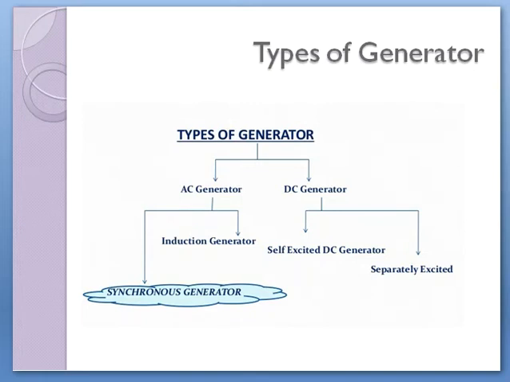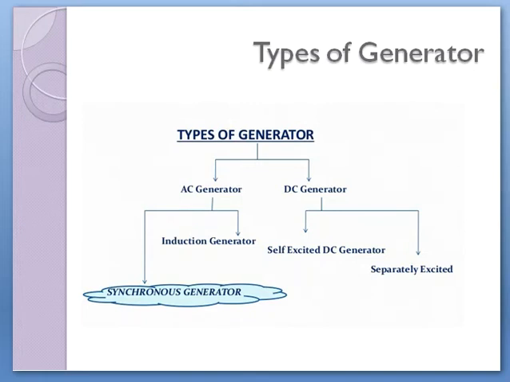DC generators may again be self-excited or separately excited, depending upon whether a separate excitation is required to generate the voltage, or they are self-capable of getting the necessary flux and ultimately the output voltage.